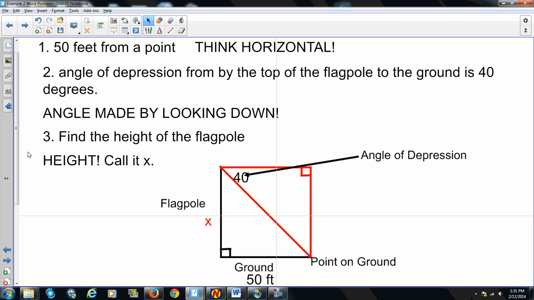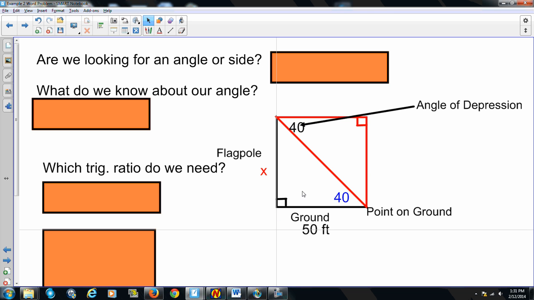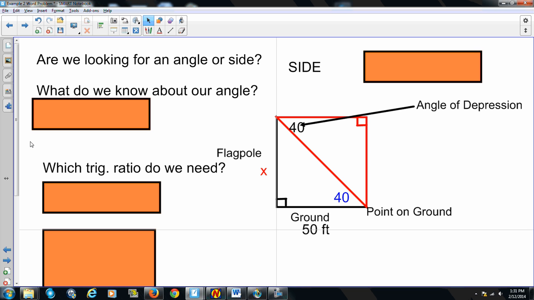Here, I want to talk about this picture for a second before we go any further. Actually, let's talk about it on this slide. What are we looking for? Are we looking for an angle, or are we looking for a side? Since we want to know how tall the flagpole is, we want to know a side. And what do we know about our angle?